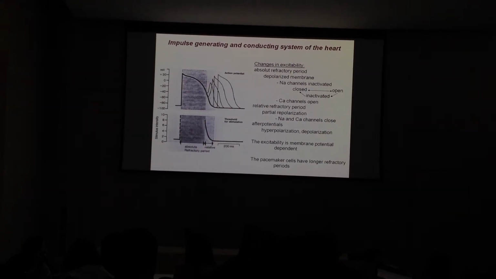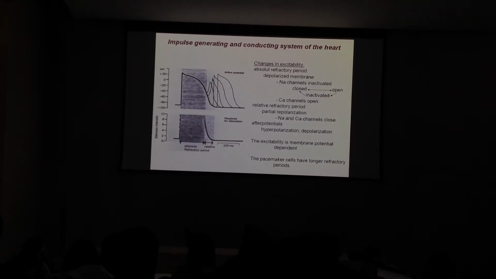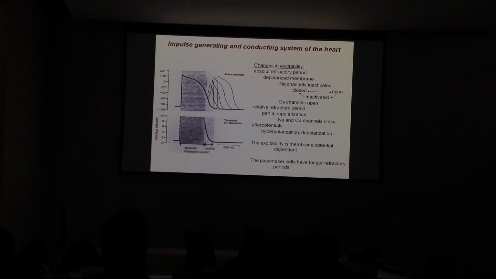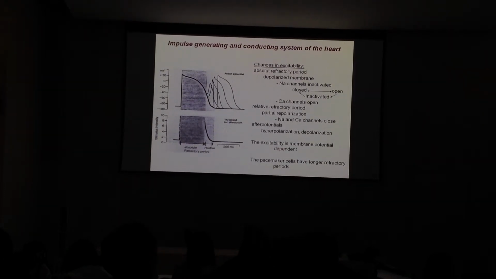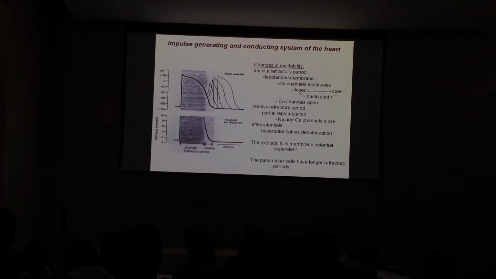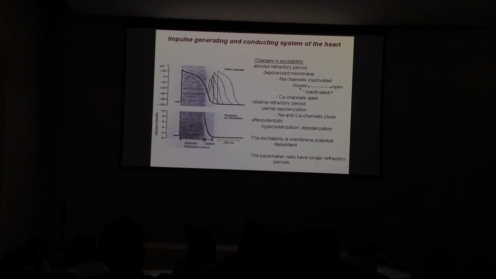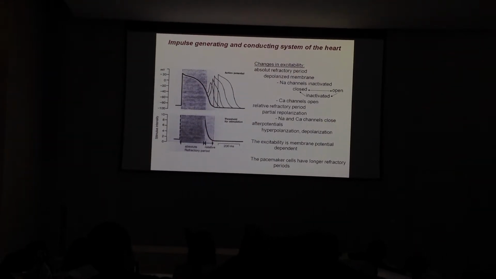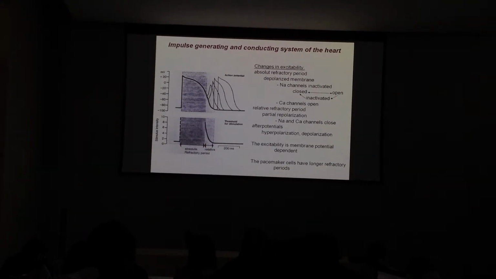Finally, we can measure that by increasing the duration of time between the two stimuli, the probability of evoking a second action potential will be larger and larger. Therefore, a certain period during the first action potential is absolutely inexcitable.